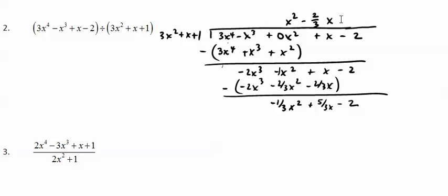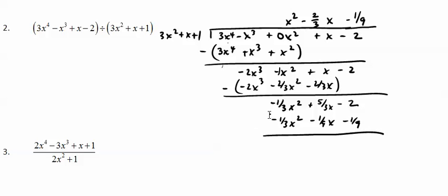It's going to be a constant, right? Because I've got the x squared, but I need negative 1/3. 3 times what is negative 1/3? Negative 1/9, right? 3 times negative 1/9 gives me negative 3/9, or negative 1/3. So negative 1/3 x squared, negative 1/9 x minus 1/9. Go ahead and subtract.